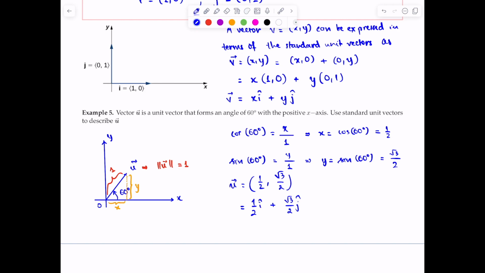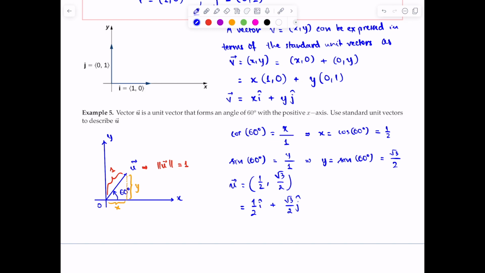We talked about how to calculate the magnitude of a vector. We have different properties of vector operations. We also performed calculations on scalar multiplication and vector addition in the component form, and we calculated the unit vector of a given vector. We talked about the standard unit vector.